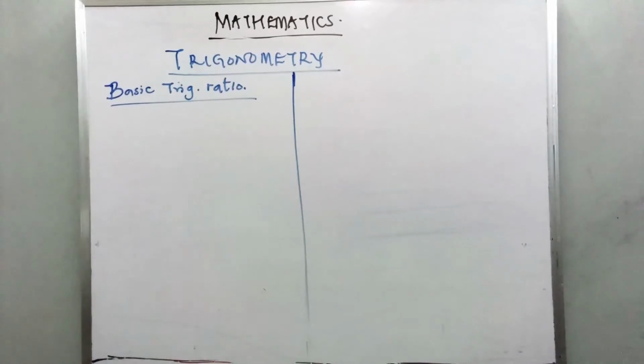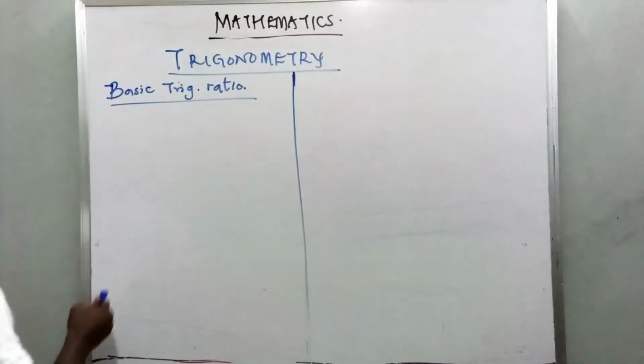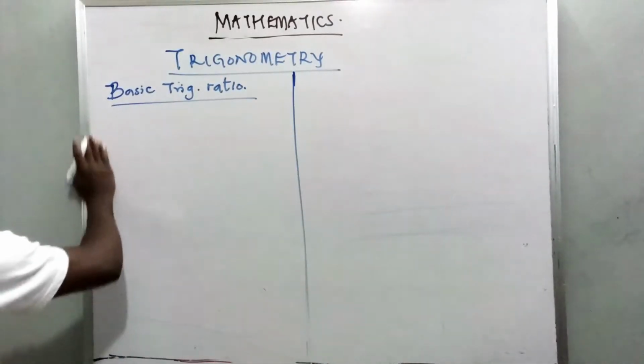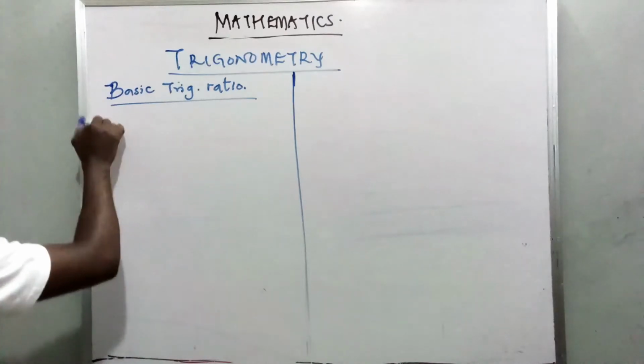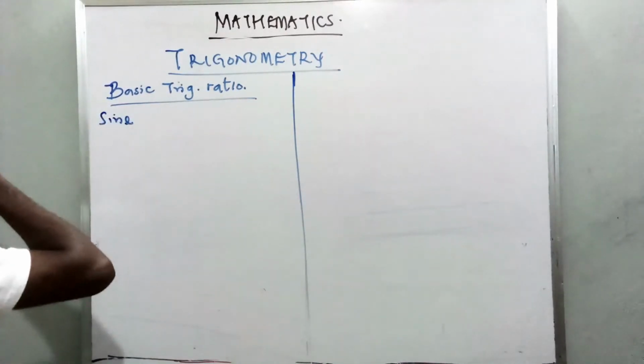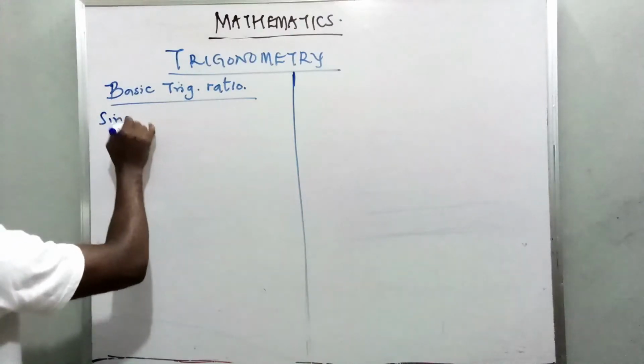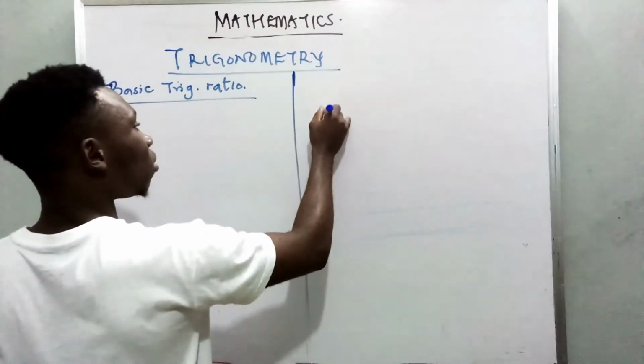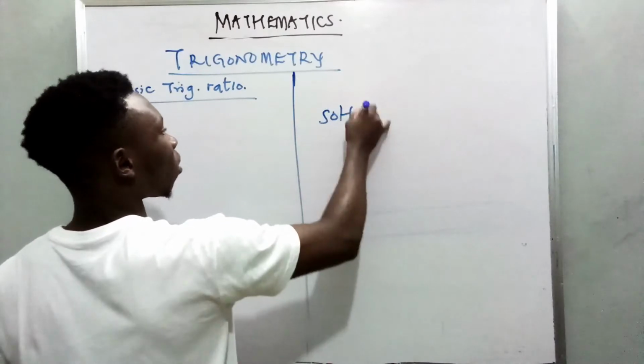Basic trig ratio. We have three basic trigonometric ratios. The sine, and we can denote them using SOHCAHTOA.